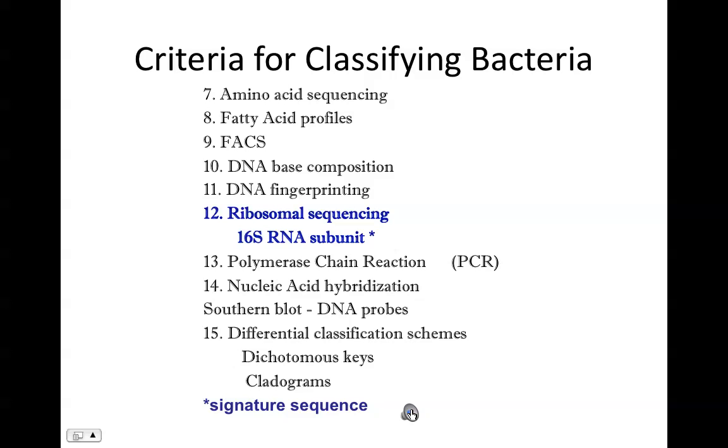We can also use amino acid sequencing, looking at the biochemical profile of both the fatty acids and DNA. We can look at the ribosomal sequencing of a particular component called an RNA subunit. We can perform polymerase chain reaction and other kinds of distinctive characteristics.